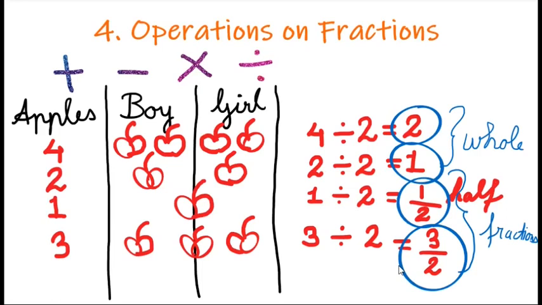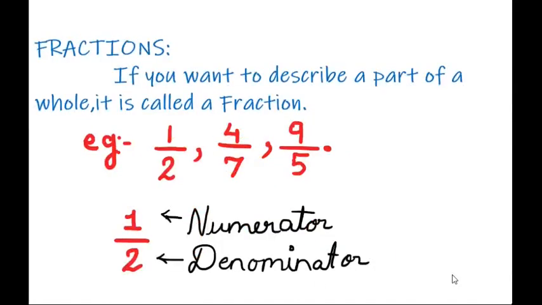Okay. So now let us learn more about it. So let's recall about fractions. If you want to describe a part of a whole, it is called a fraction. Means from something whole, if you want to describe a small part, then that small part is called a fraction.